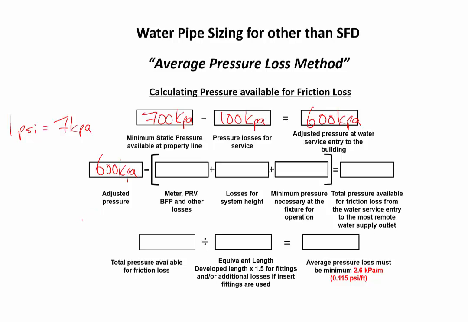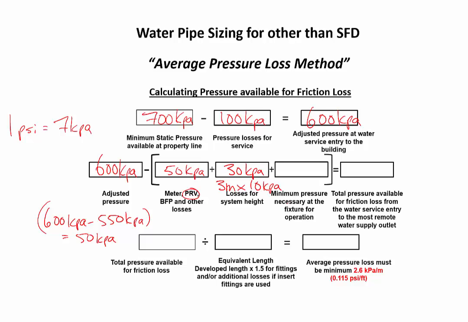We'll assume we have a PRV set to 550. So if we have 600 kPa coming into the building and we have a PRV set to 550 kPa, we would have a pressure loss of 50 kPa. Deduct 50 kPa there. Losses for system height. So assuming we have, we'll call it 3 meters of system height, the calculation to do there is 10 kPa per meter of head. So we're going to lose 30 kPa just to lift the water.